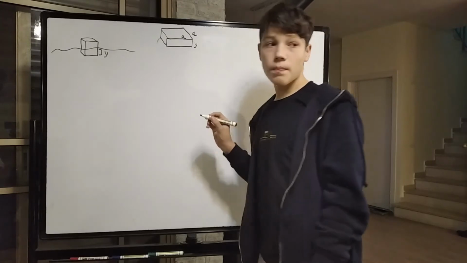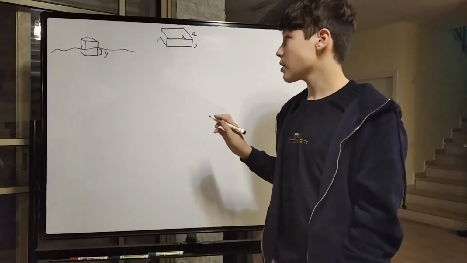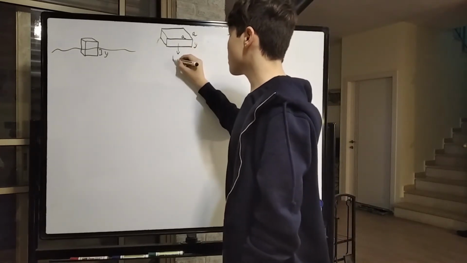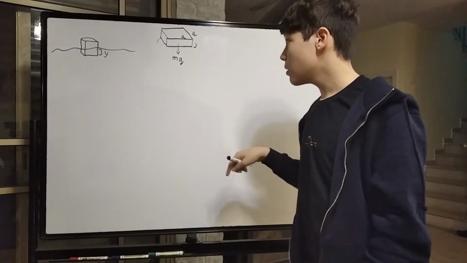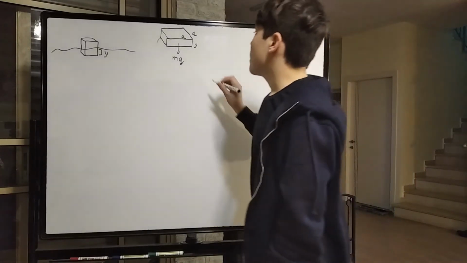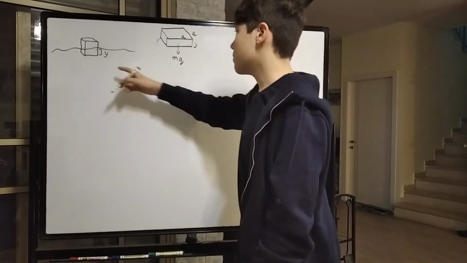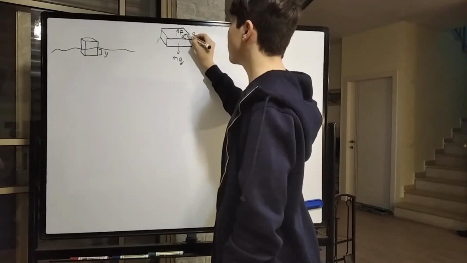And we know that there are now three forces applied on this object. First of all, obviously, small mg, down. Next is the force of the water, again, because it's still in water. So the force of the water up.